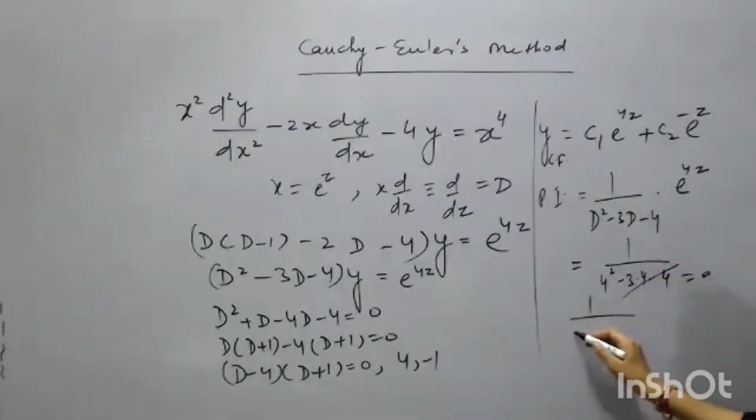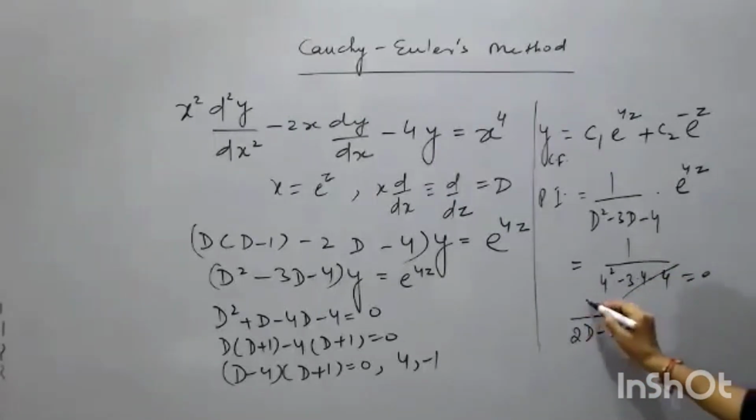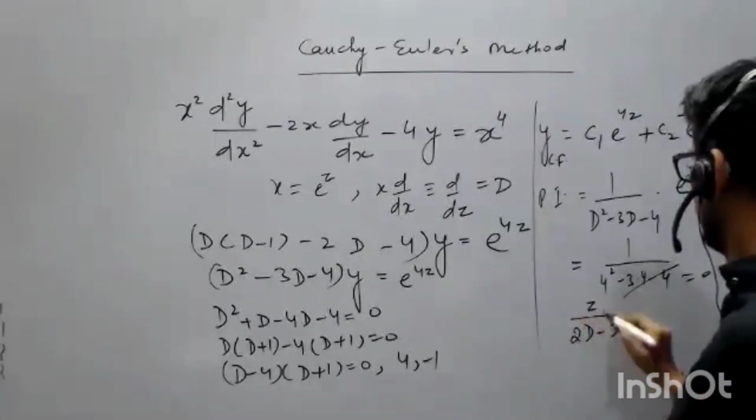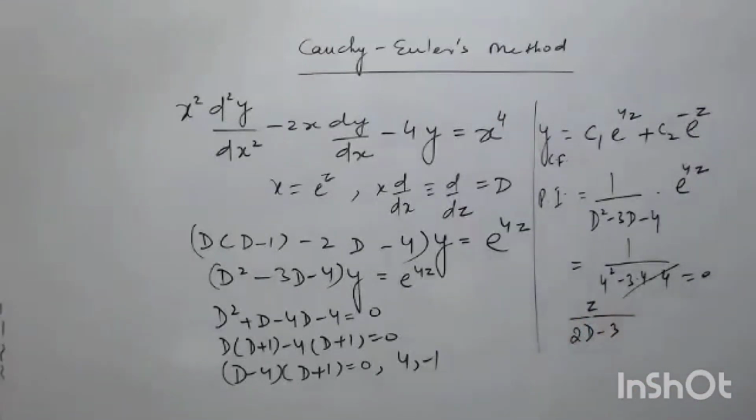It will become z times 1 upon 2d minus 3 into e to the power 4z. Now apply 4, so it will become z by 5 into e to the power 4z.